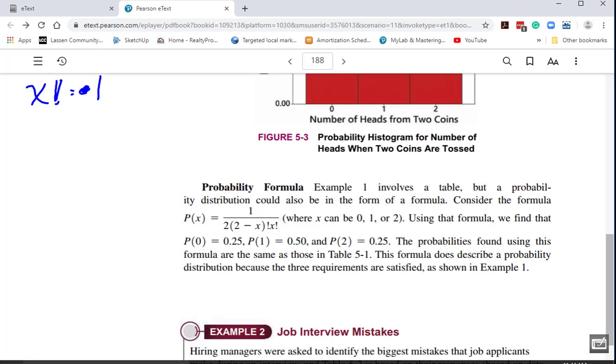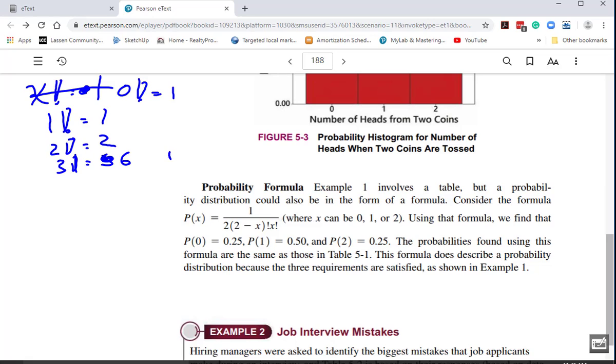1 factorial is 1. Okay? And above that, 0 factorial is 1. And what's 2 factorial? Yep. And 3 factorial? 1 times 2 times 3. What would that be? 6?